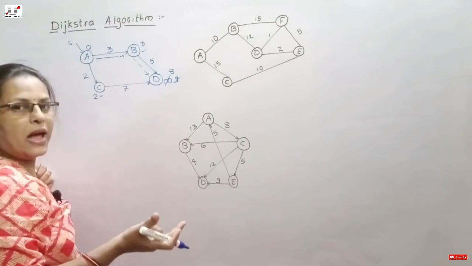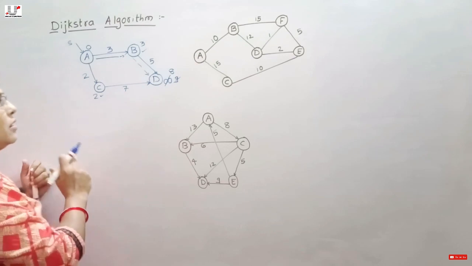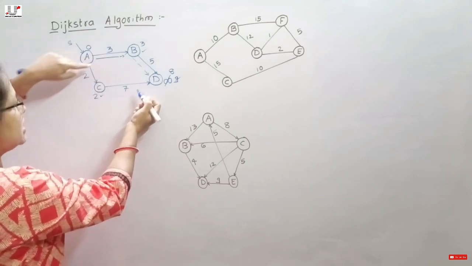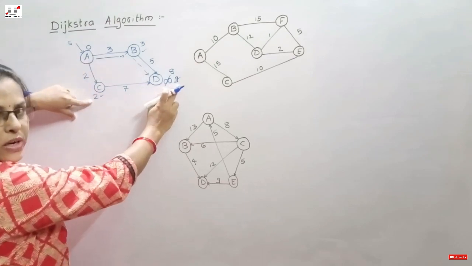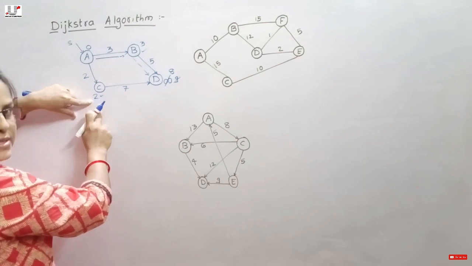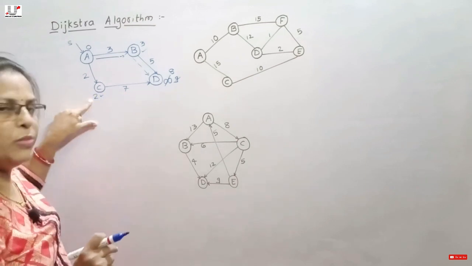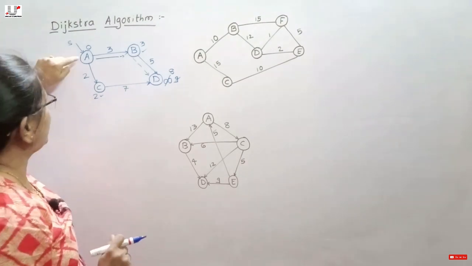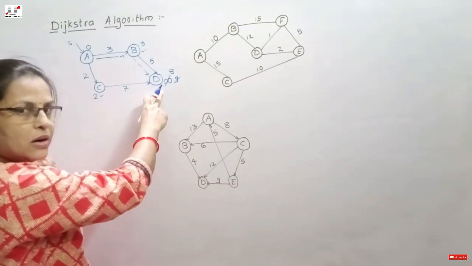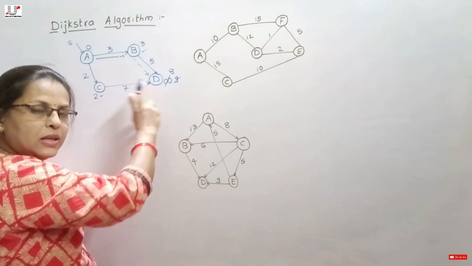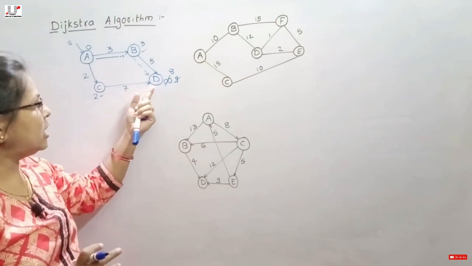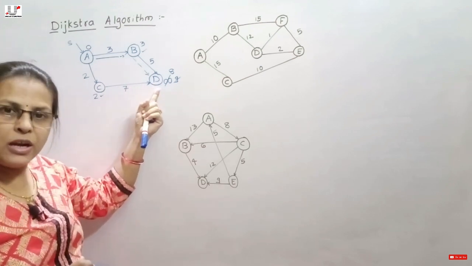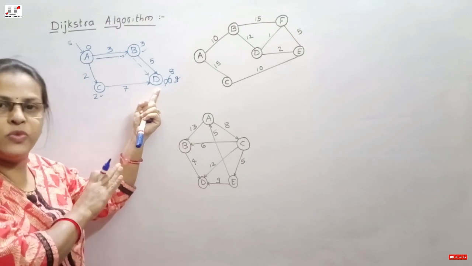So what is relaxation? Suppose here we calculated 9 via C. Relaxation means that if there is no direct path from the source vertex to some other vertex, then we calculate the distance of that vertex via another vertex.